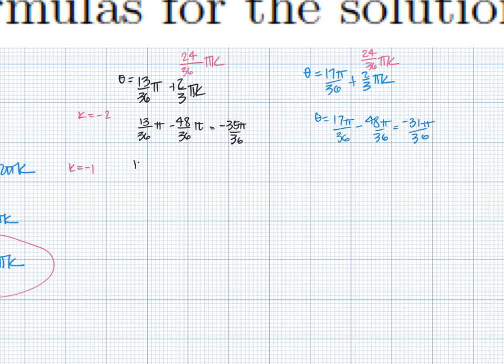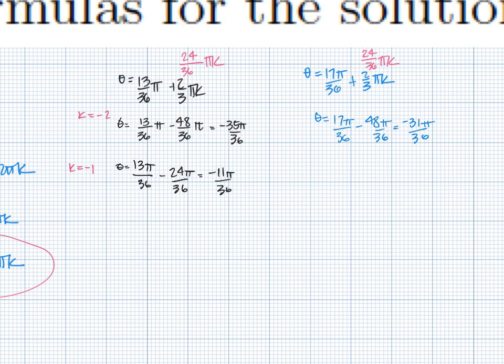Now we are going to let k equal -1. So 13 pi over 36 minus 24 pi over 36, and we will get -11 pi over 36.